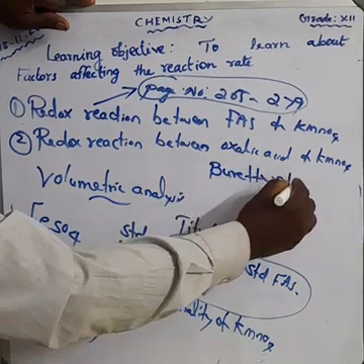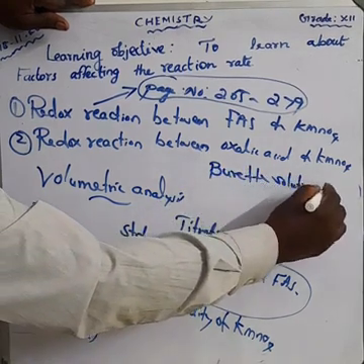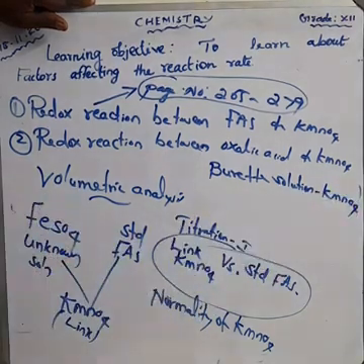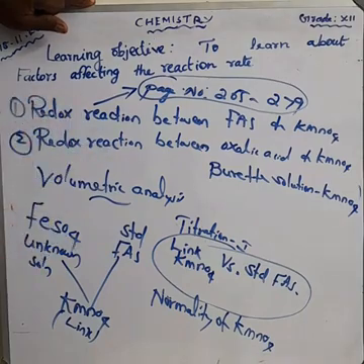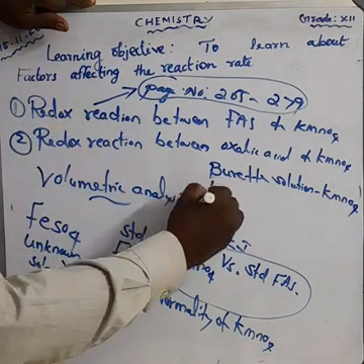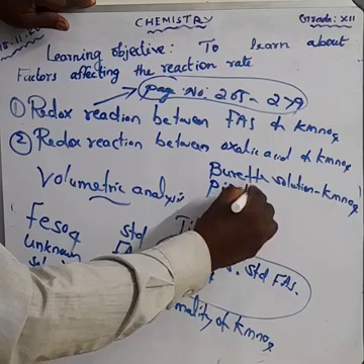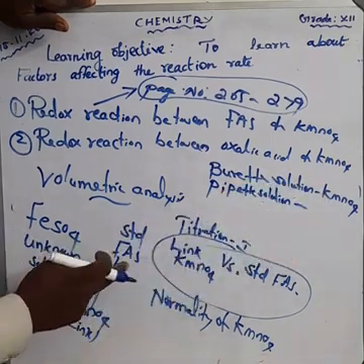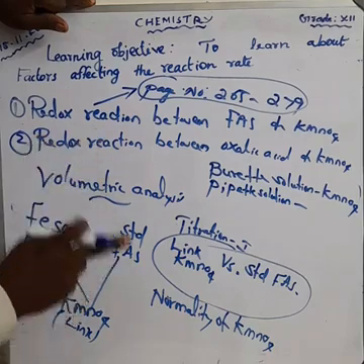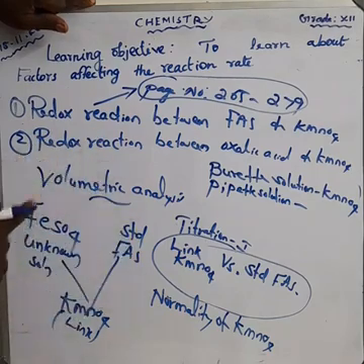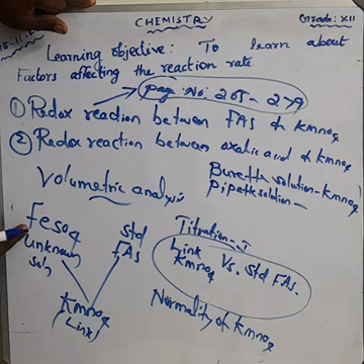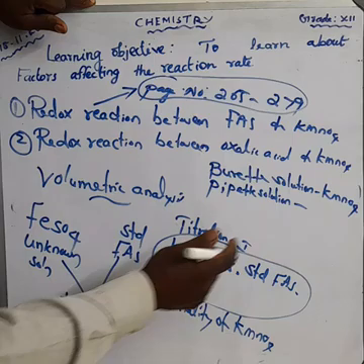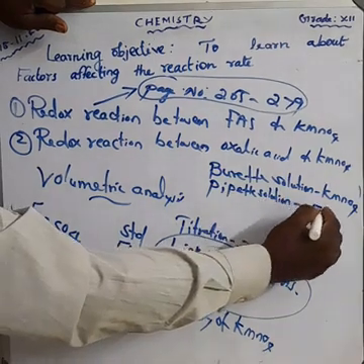The pipette solution, the one we pipette out, is ferrous ammonium sulfate for the first titration. The second titration uses ferrous sulfate.